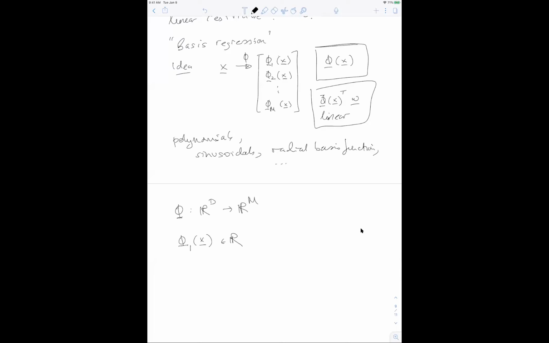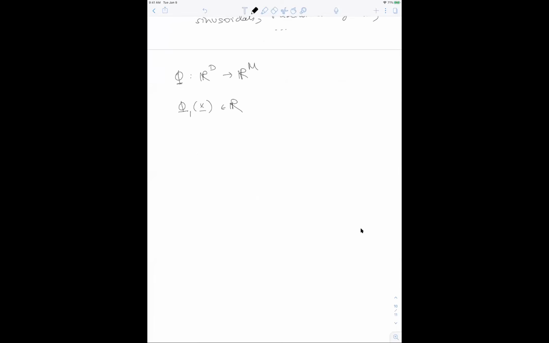So the dimension of phi 1x is the sum of x? Phi 1x is always going to be a scalar because it's one of the entries in the vector. Maybe I'll show my screen again. Let's be very concrete.